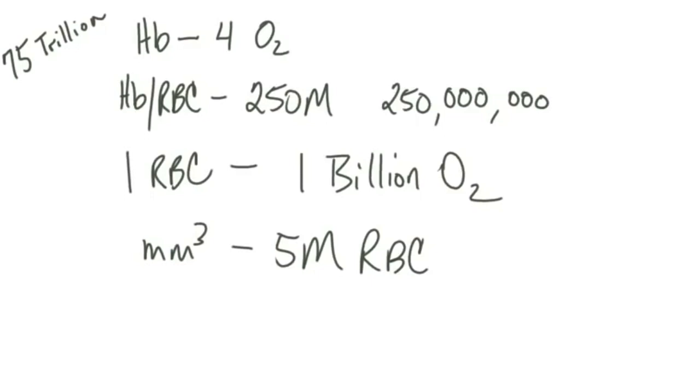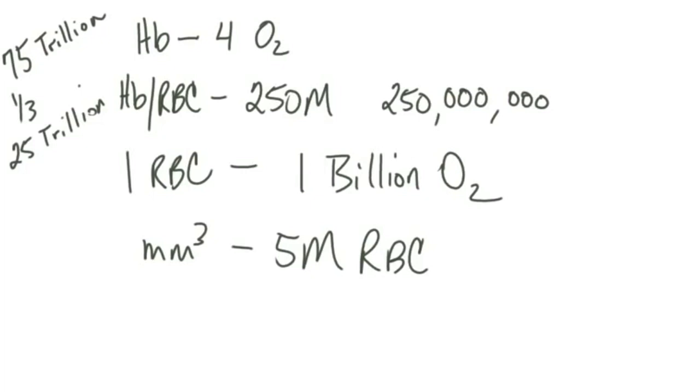Do you know how many are red blood cells? 1/3 of all your cells in your body are red blood cells. That means 25 trillion. Trillion has how many zeros? 12. Big T for trillion. Big T for 12.